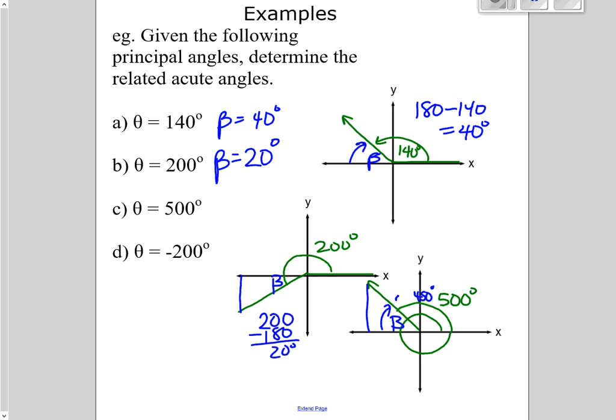So this little sliver here must be 50 degrees. So 180, oops, not 180. We're going to go 90 degrees. And I subtract that 50, which means beta must be 40 degrees.